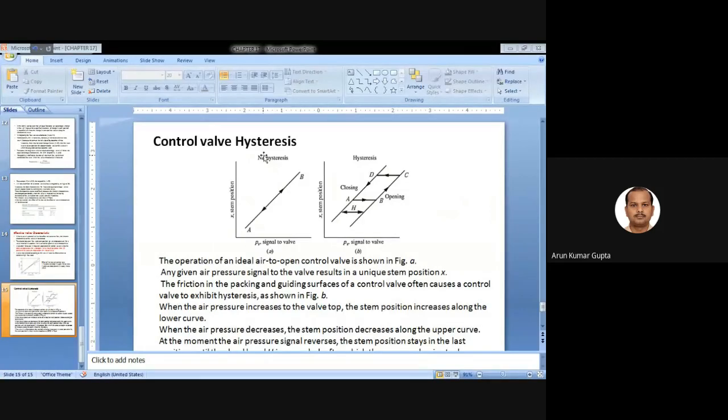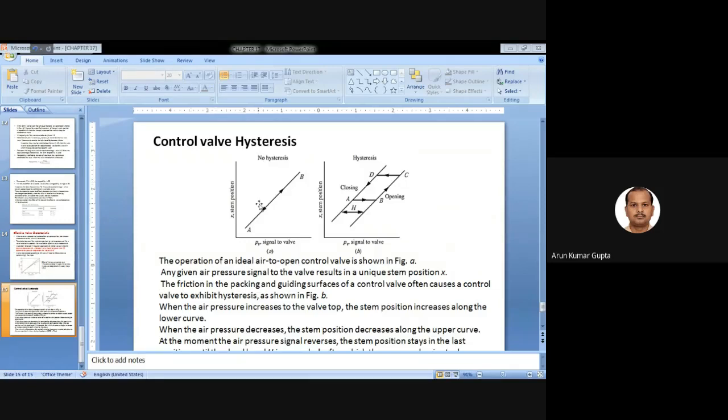But when you do the reverse of that process or operation, ideally it should follow the same path or show the same kind of reverse behavior. But practically it will show a different behavior or different path. That is known as hysteresis.